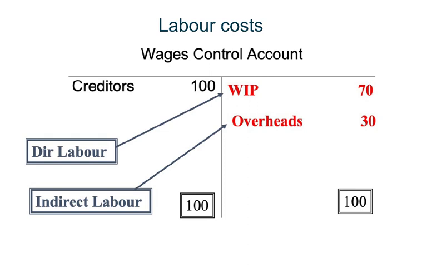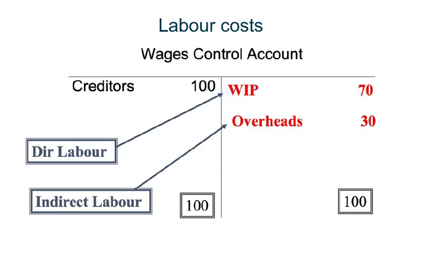This is just an illustration of labor cost, my wages control account. You will remember my wages control account will include all my wages, the entire amount of wages, on the debit side. And now I will allocate these wages to either overheads or to work in progress.